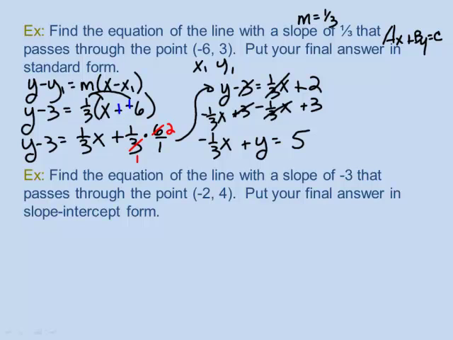All right, now at this point, we're going to have to clear the fraction because a, b, and c should be integers. So to clear fractions in an equation, we're going to look at all of the denominators in the equation. In this case, we only have one. And we find the least common multiple of all of the denominators in the equation. That's similar to least common denominator.